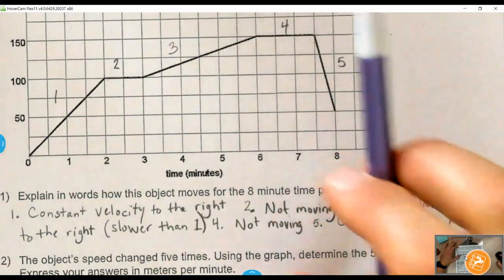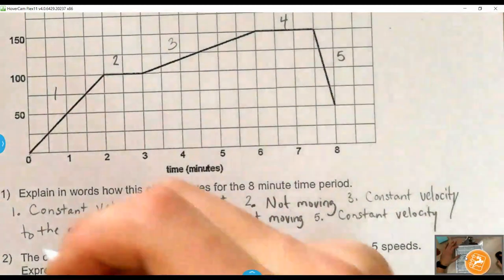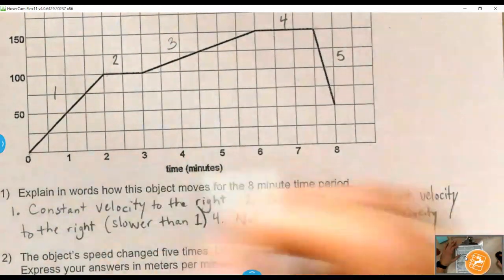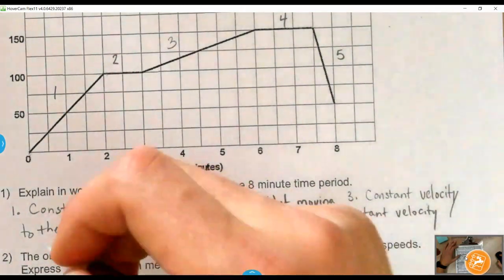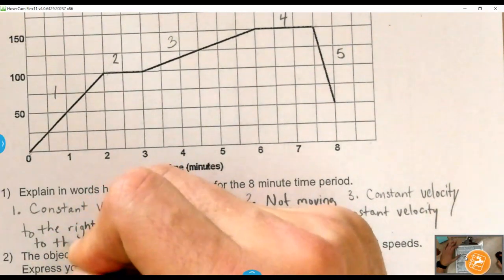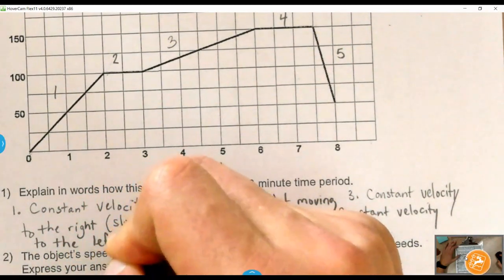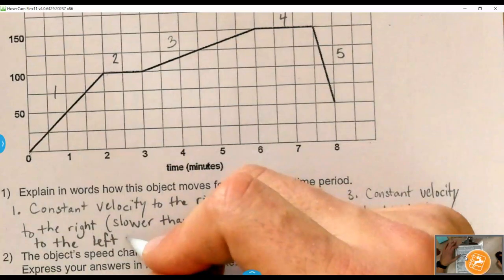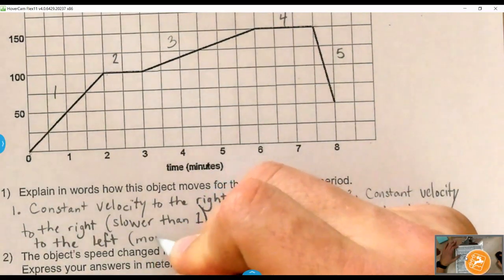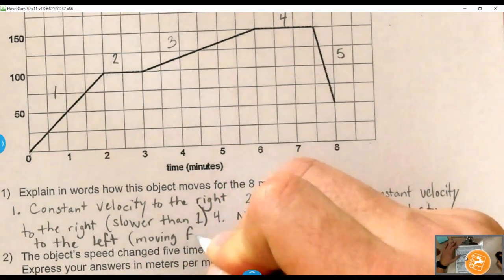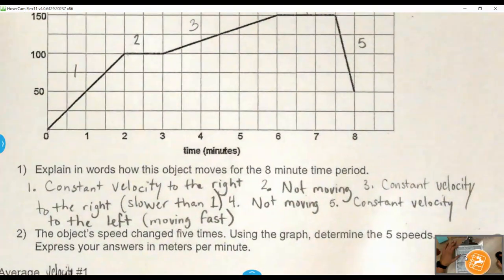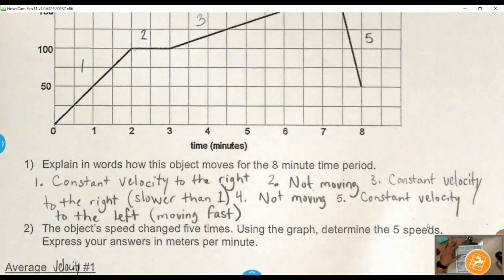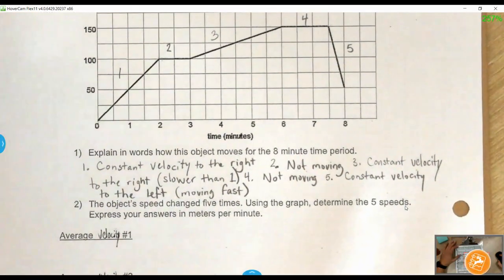So since it's pretty steep, 5, all right, constant velocity. We could say high speed or constant velocity. We'll say to the left. Moving fast. Okay, so there we go. We explained our time. Now that's cool. That's great.